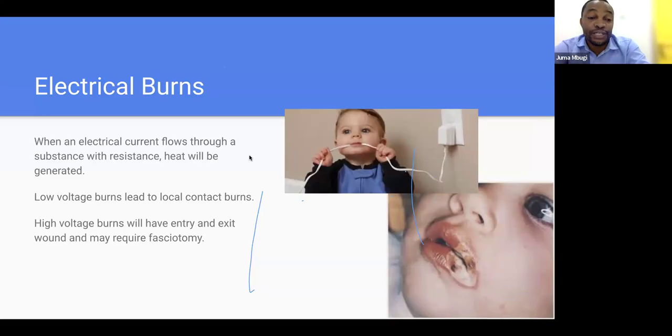Low voltage burns, usually less than 120 volts, can lead to local contact burns. And the higher the voltage, the greater the burn injury. High voltage, like more than 500 volts, will have an exit point, where the patient is touching the source of electricity, and another point that is touching as an exit of the electricity.